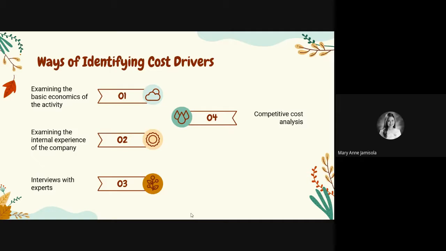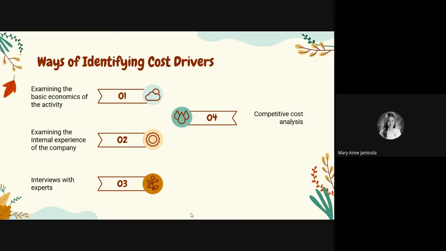So, in this case, historical cost information may enable a company to accurately estimate the shape of the relationship between the costs and activities. For example, the relationship between the change in the product or process design and costs, the relationship between the changes in product mix and costs.